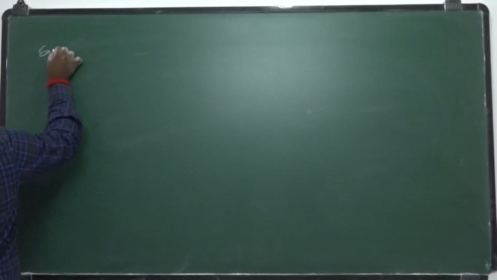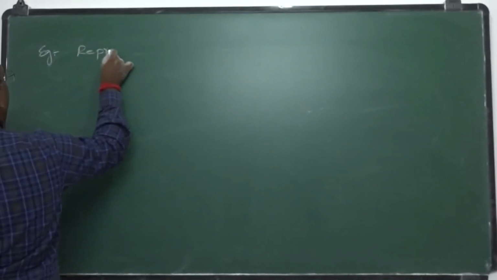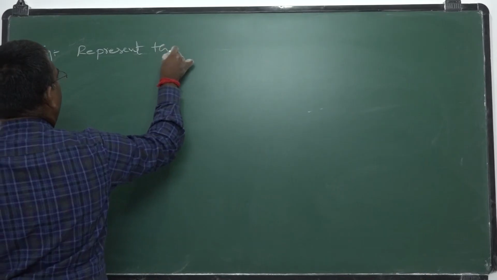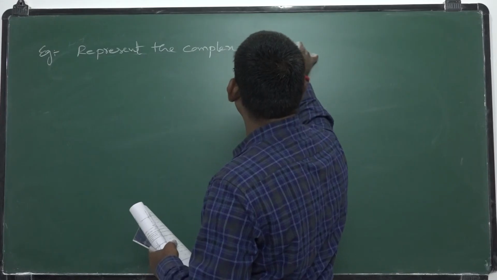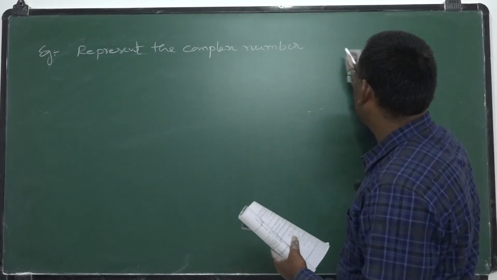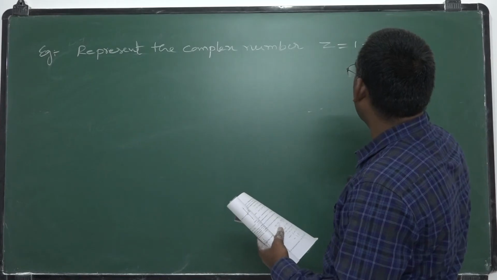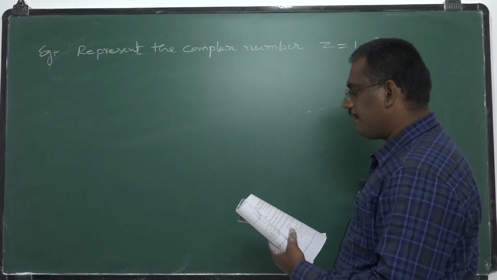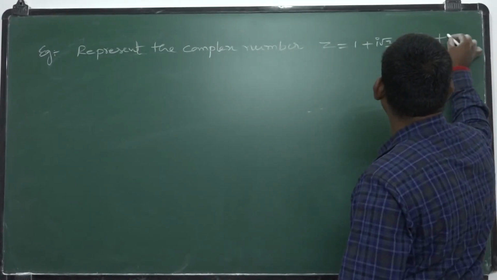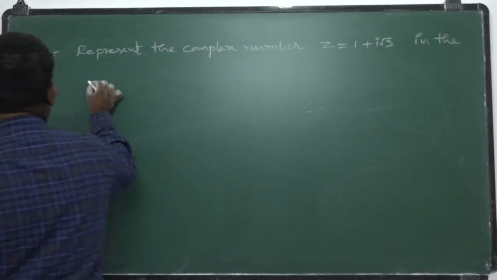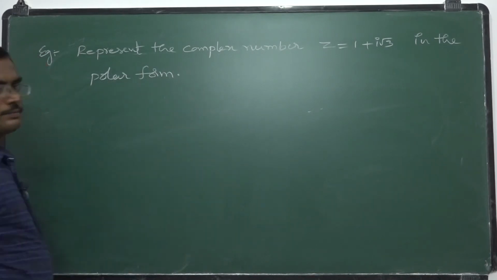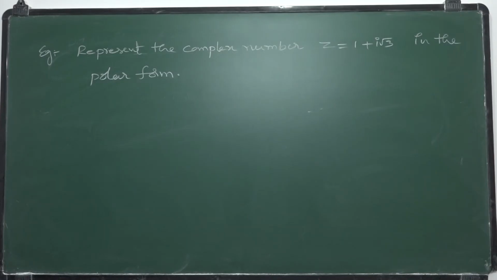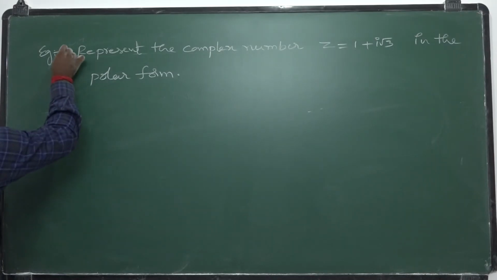Example. Represent the complex number z equal to 1 plus i root 3 in the polar form. Example 1, solution.